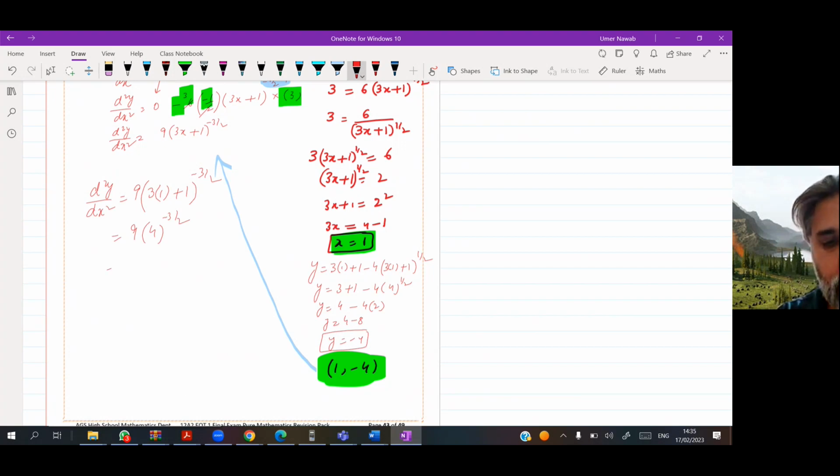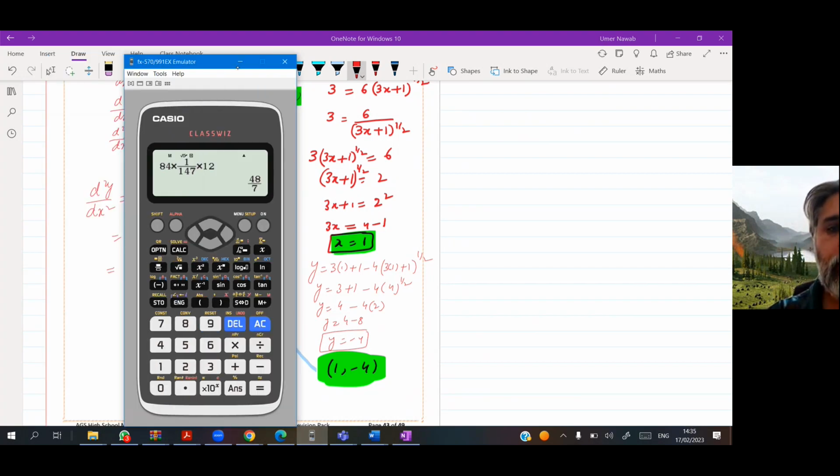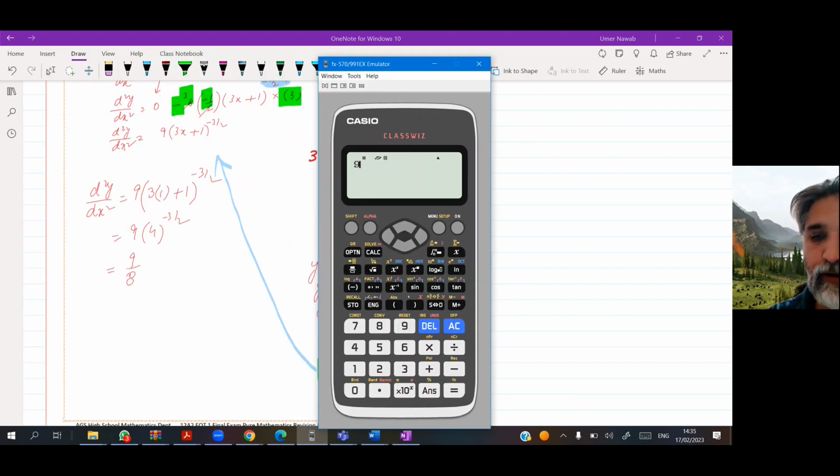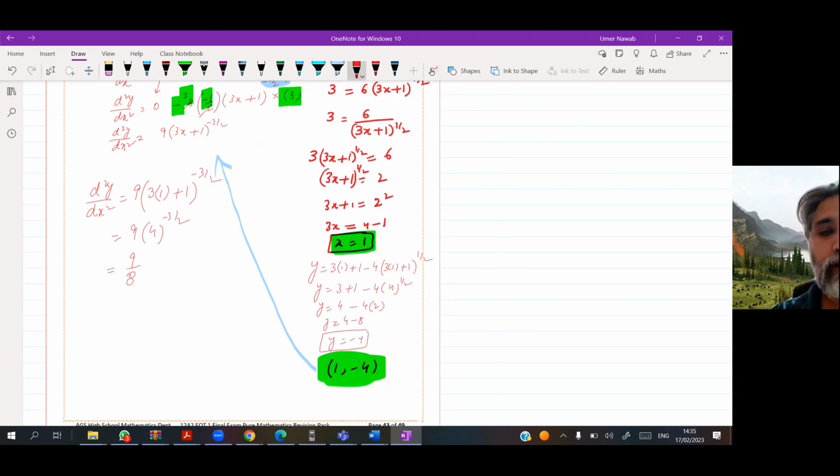So the answer will come to you 9/8. Let me check for you. 9, bracket open, 4, bracket close, power minus 3 over 2. It gives us 9 over 8. Since it is a positive answer, it means (1, -4) is a minimum point.